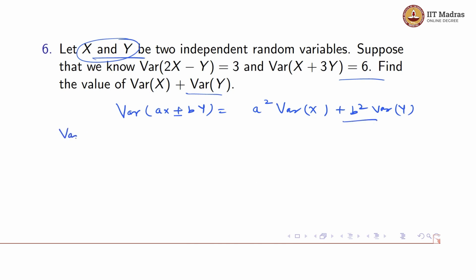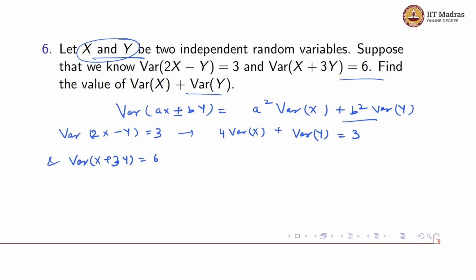Now we have the information: variance of 2X minus Y is equal to 3 and variance of X plus 3Y is equal to 6. By using the above formula, 2 square, that is 4 times variance of X, plus, the right side will be plus only, since it's 1 here, 1 times variance of Y is equal to 3.